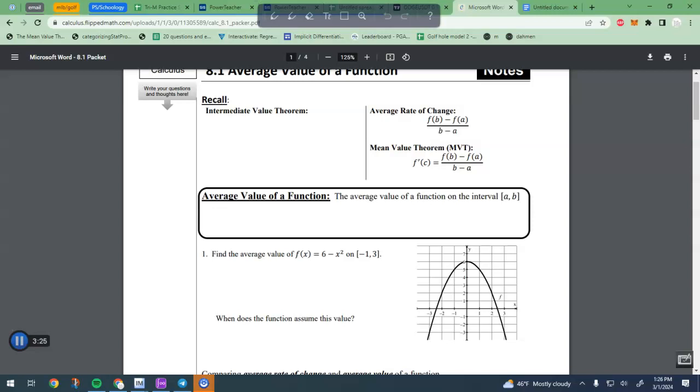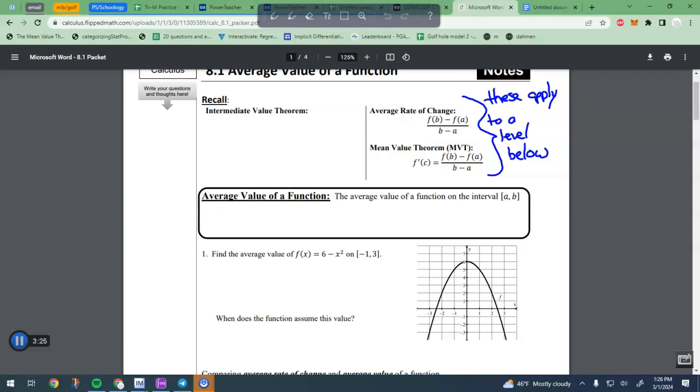Average rate of change, mean value theorem. What I want you to understand is these apply to the derivative. These apply to a level below where you are. If you're at the velocity and you want the average acceleration, that's down a level, that's what you would use. Anytime you're looking for the average of a level below.